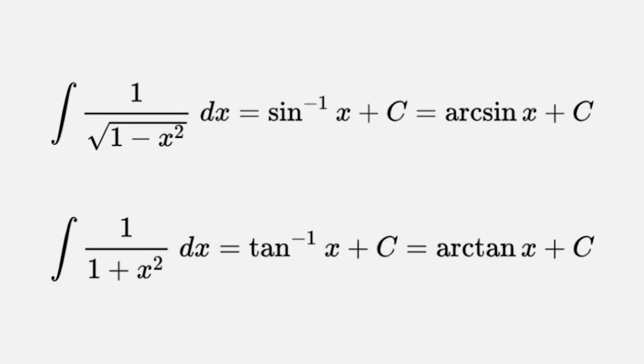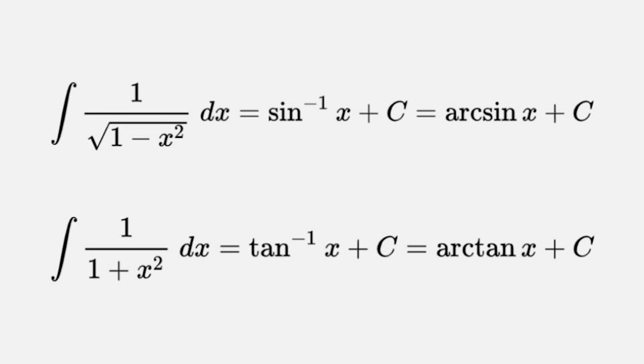And just to remind you of some notation, sine inverse of x is the same exact thing as arcsine of x. And for the last rule for this video, the indefinite integral of 1 over 1 plus x squared is tangent inverse of x plus c, because as you guessed it, the derivative of tangent inverse of x is 1 over 1 plus x squared.